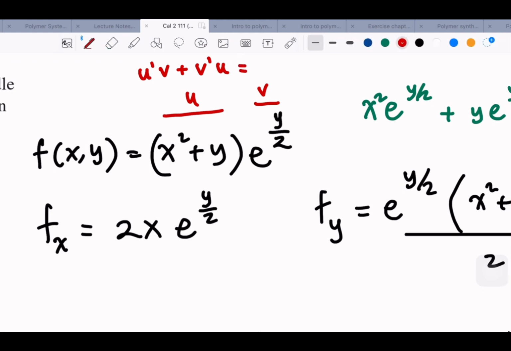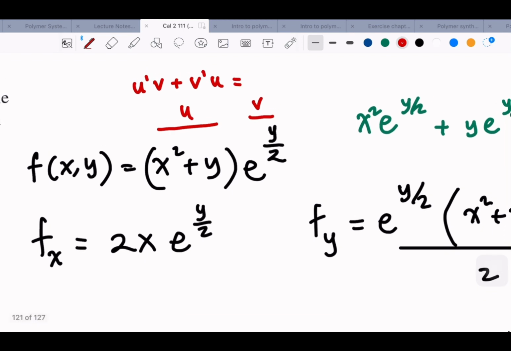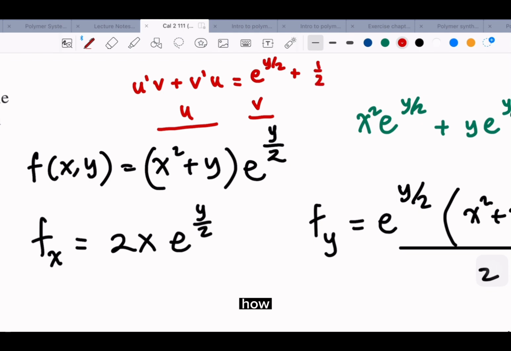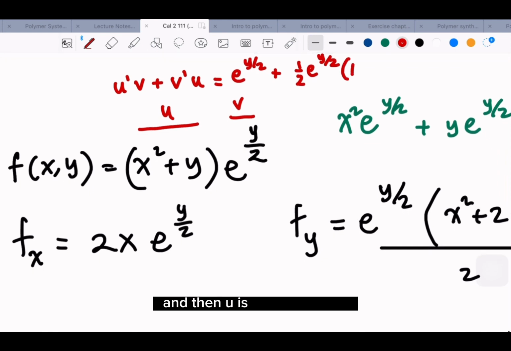derive each one of them. So we are going to focus on y. So u prime is just 1, and v is just e y over 2 plus v prime half y over 2, and then u is x squared plus y.